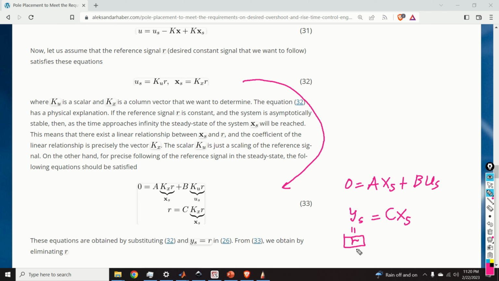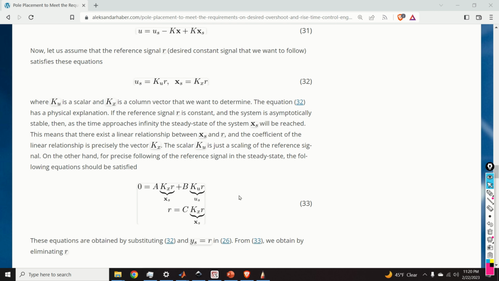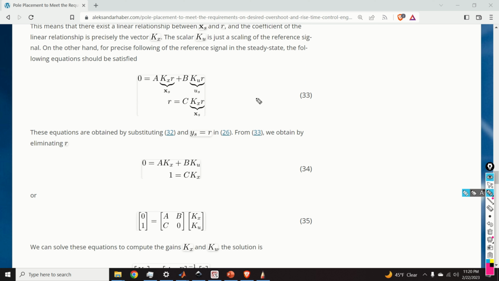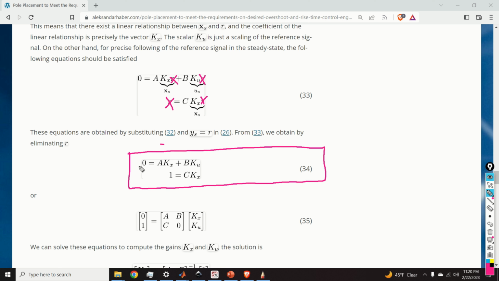That is, we want our output to be equal to the reference signal in the steady state. So simply ys becomes r. On the other hand, we substitute us and xs by using these two terms. The next thing to observe in this equation is that we can simply cancel r and erase r from both sides. And as the result, we obtain the equation given by equation 34.